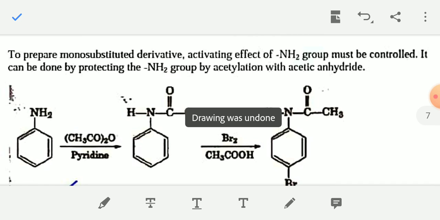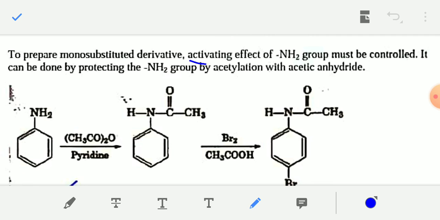So to prepare a monosubstituted derivative, that is only ortho-bromoaniline or only para-bromoaniline, we must consider the activating effect of NH2. NH2 is a highly activating group.